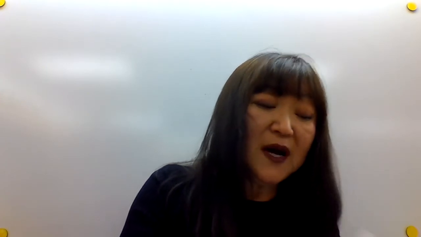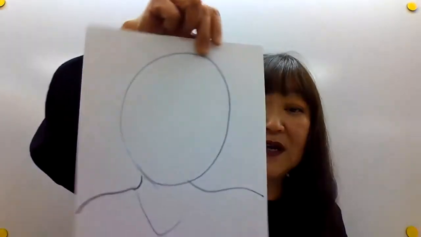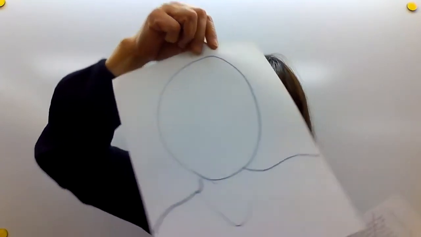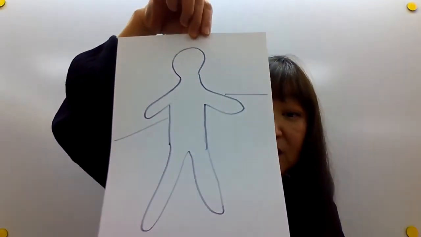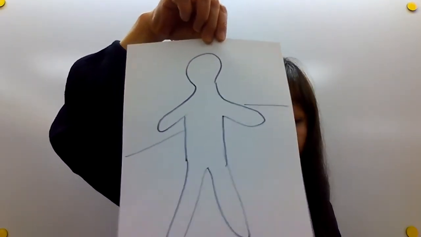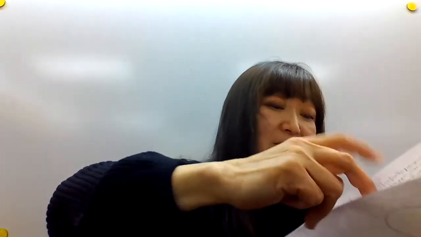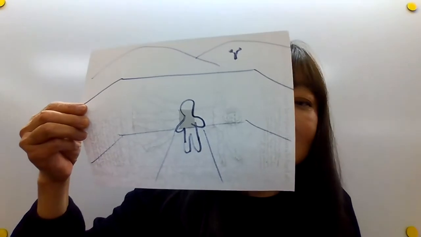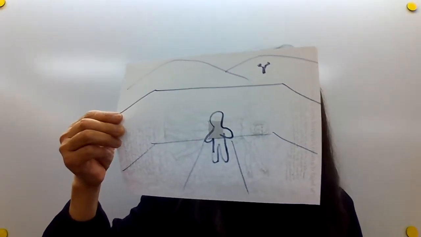Here's one idea for composition. You might want to just draw the teacher's head and up to the shoulder. Or you love your teacher so much, you love everything about her, so you might include the whole body of her. Or you might say, "I'm not too good at drawing a person, but I know she loves Wasatch."